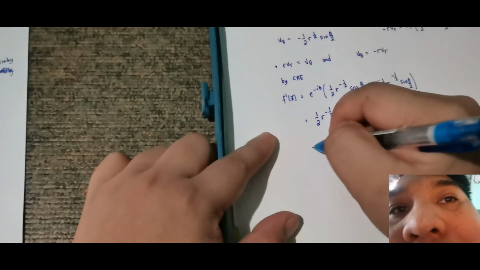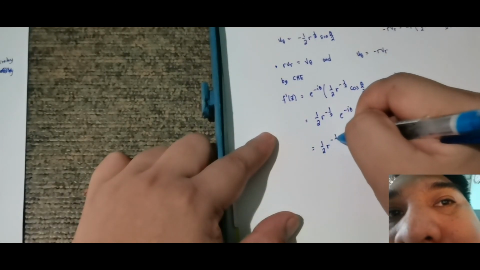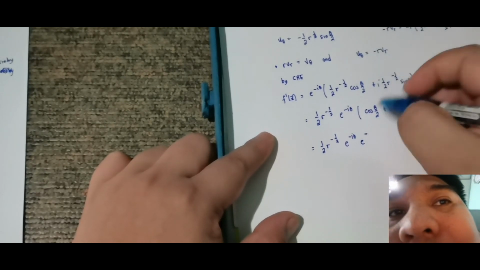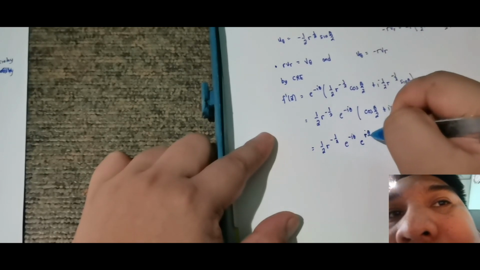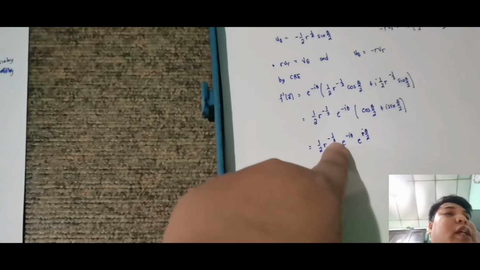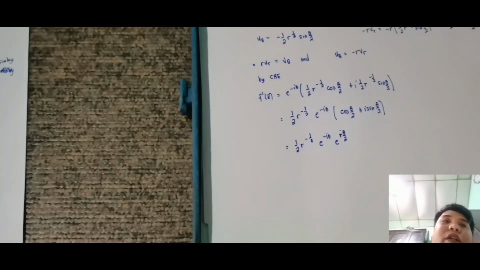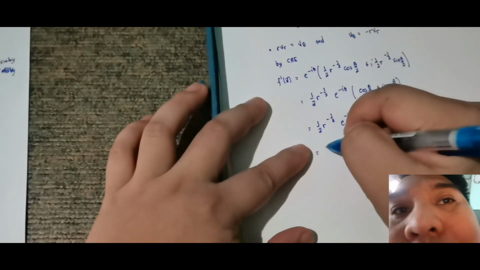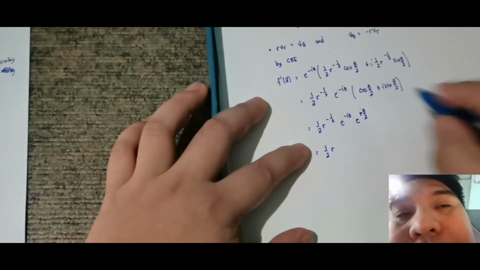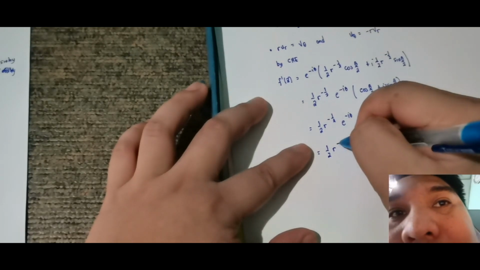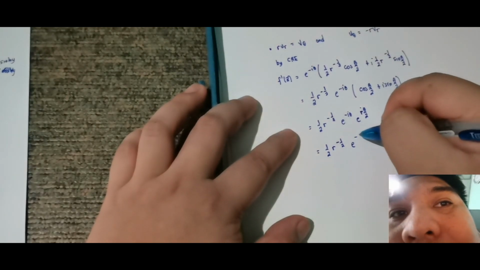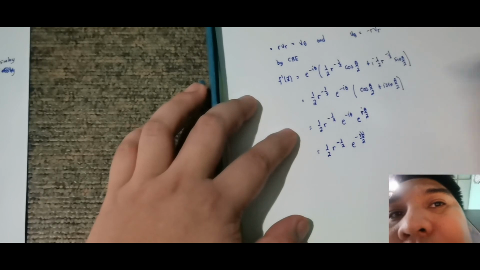So this is equivalent sa 1/2 r raised to negative 1/2 e raised to negative I theta plus I theta over 2. Okay, so ito mag-add to. Okay, so parang negative 1 plus 1/2 ang dating. So negative 1 plus 1/2 is negative 1/2. Tama ba? Negative 1 plus 1/2 is negative 1/2. So this is equivalent sa 1/2 r raised to negative 1/2 then e raised to negative I theta over 2.